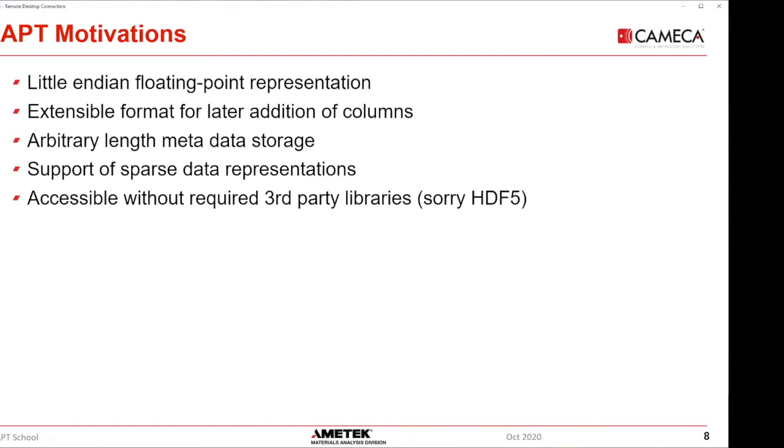Also, we want to be able to have metadata included with the APT file, so you can include things like ranges or experimental details. This is very important when we talk about the initiative for open data when you publish. You want to have all that metadata in one file, so you can hash the entire file and have everything ready there for you. Also, I wanted to support sparse data.